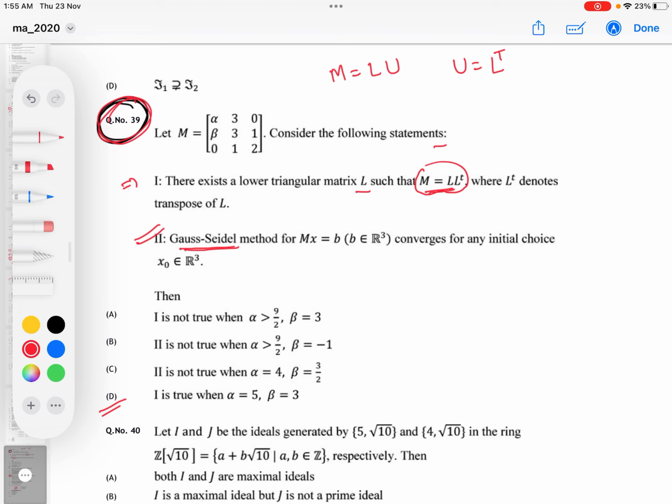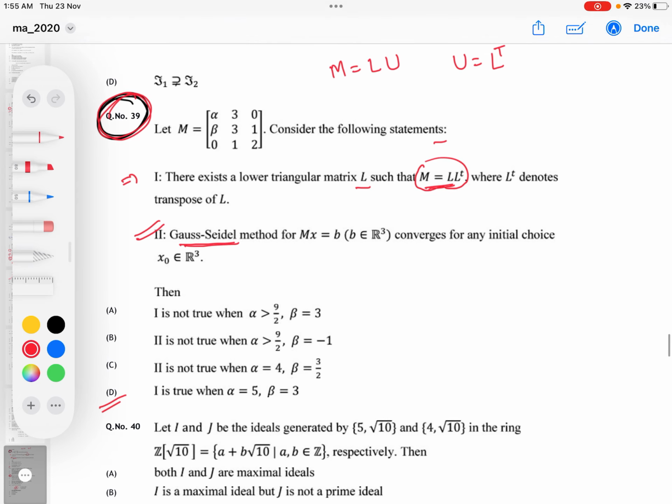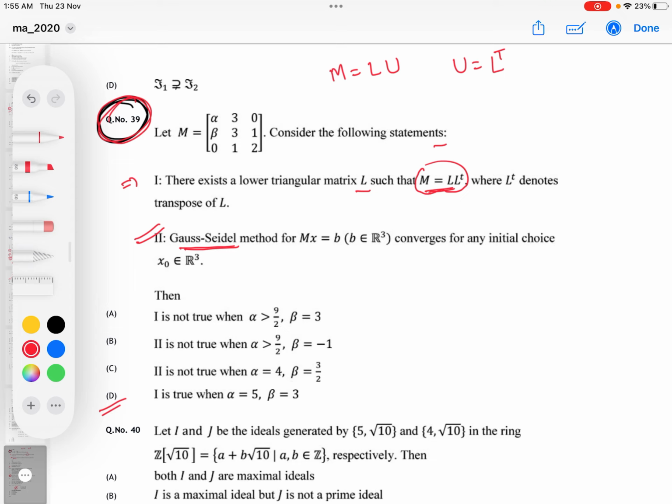Otherwise you will have to go through all these options. Okay, so we can take alpha 5 and beta 3. So here the matrix will look like this, with 5 and beta is 3, right?